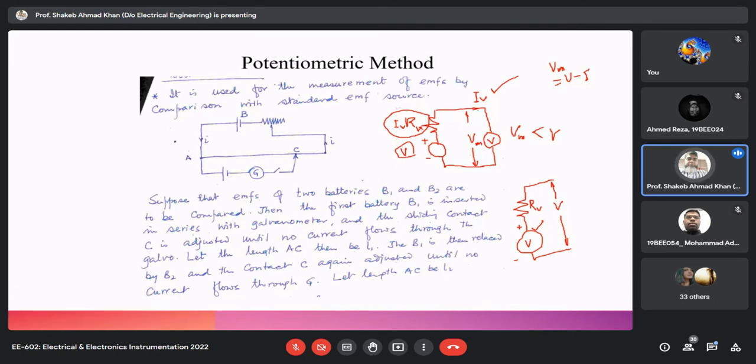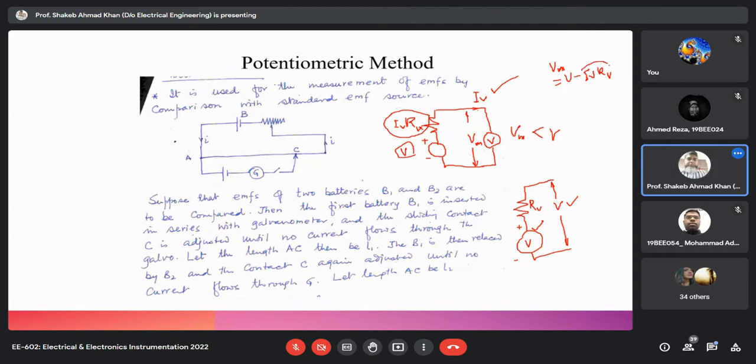Your measured voltage will be less than the voltage value that we want to measure. So this is basically called the loading effect. Your meter is loading your source or your circuit. So whatever voltage will be indicated, it will be erroneous by this.